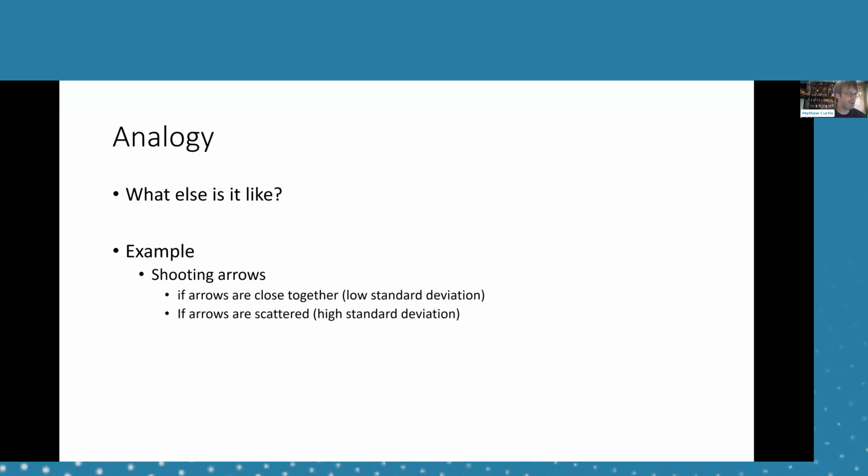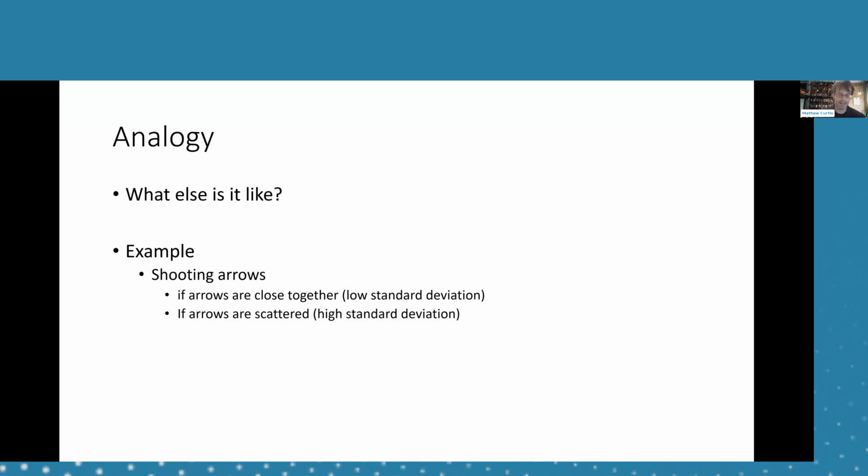Okay, so the ADEPT acronym, A for analogy. When you apply your teaching via the ADEPT method, you start out with an analogy. In respect to standard deviation, we explain to our students, what else is this term like? You can pick any example. Here I picked shooting arrows as a kind of random example, obviously outside the realm of statistics.